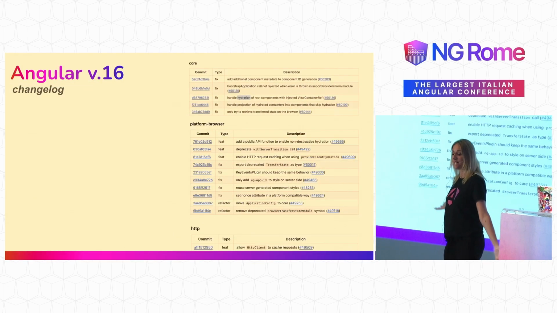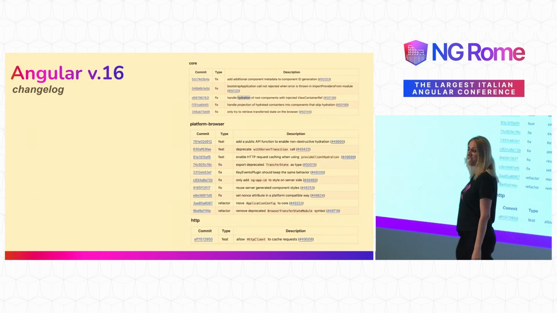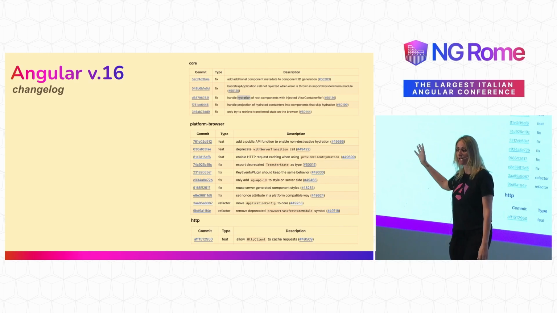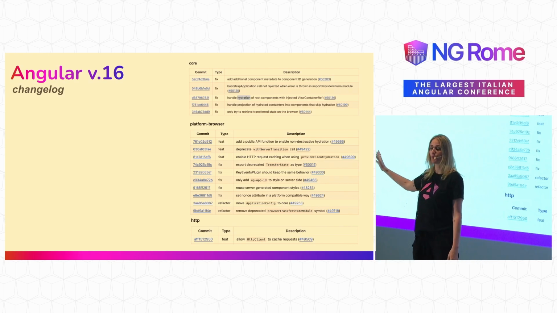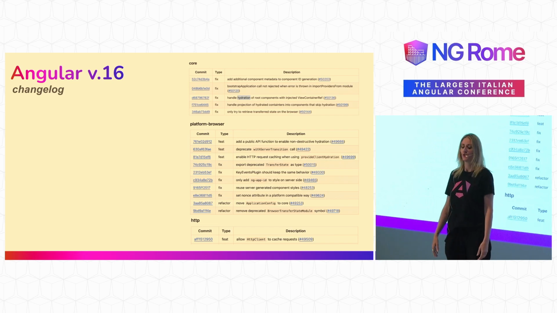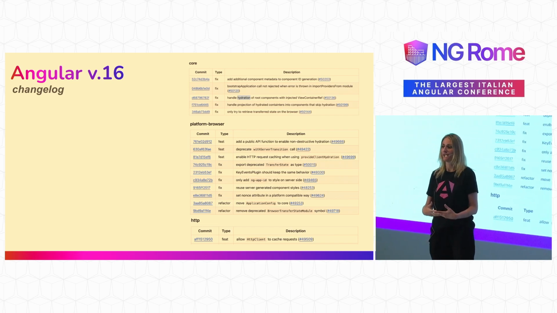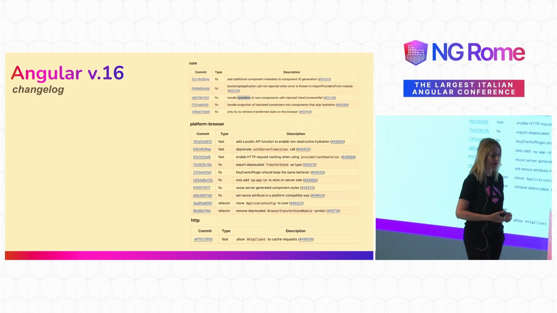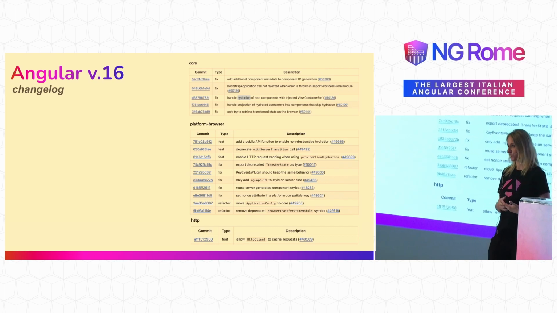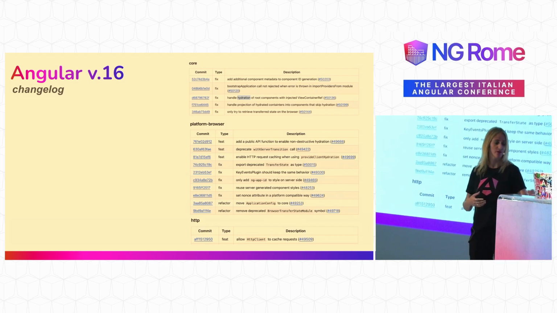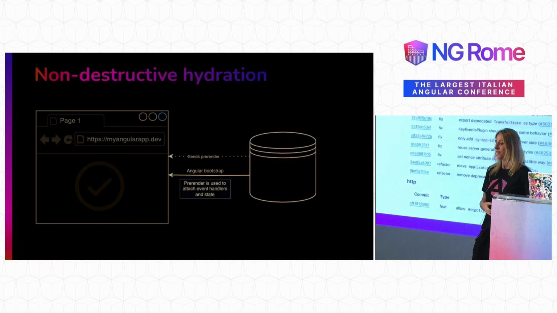Well, we see starting in Angular 16, a lot of work being done in order to prevent that, to make it more optimal, to find different ways to bootstrap Angular without destroying everything that was there, without destroying the DOM tree.